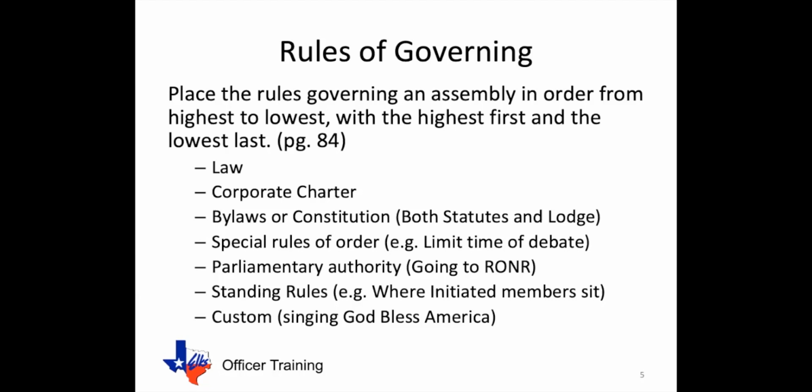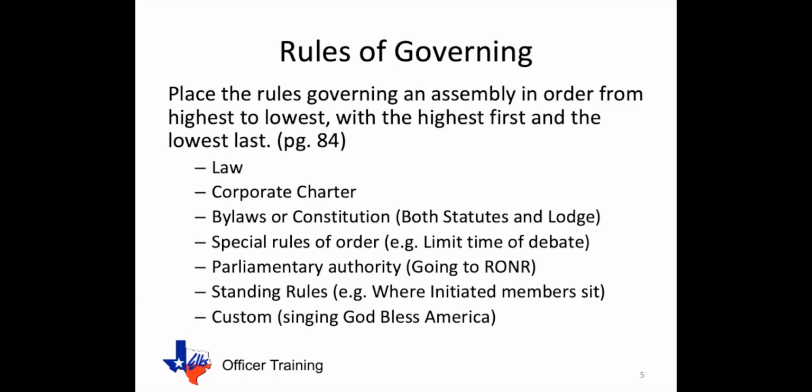The bylaws or Constitution. The Constitution is in our statutes annotated book at the very beginning of that book. And statutes are basically corporate bylaws. So from our perspective in Elks, a statute book is basically the corporate bylaws book.